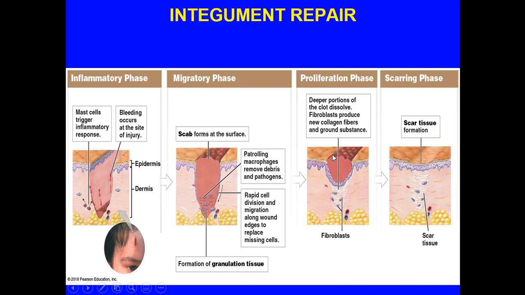Usually what you want to do is have the wound heal from the inside outward. The fibroblasts will produce new collagen fibers and ground substance. Eventually you have scar tissue forming. As time goes on, if the wound is not too deep and enough time has been allowed, the tissue will begin to build up here and replace the scar tissue.